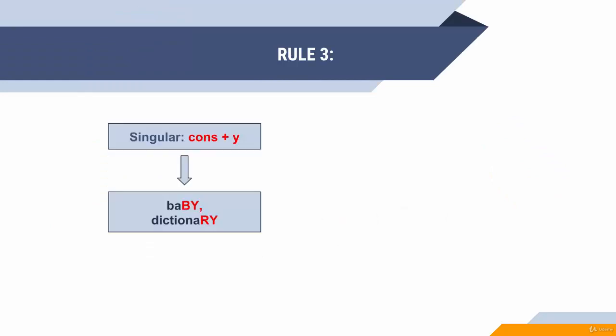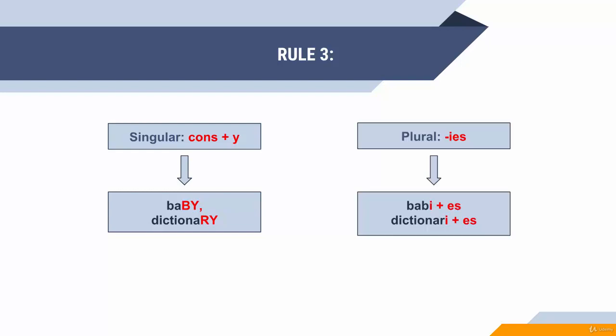The rule: when the singular, you know already singular, one, finishes in consonant plus y, consonant, you know, b, c, d, f, okay? So when the singular noun finishes in consonant plus y, then in plural you add es and y is changed into i.